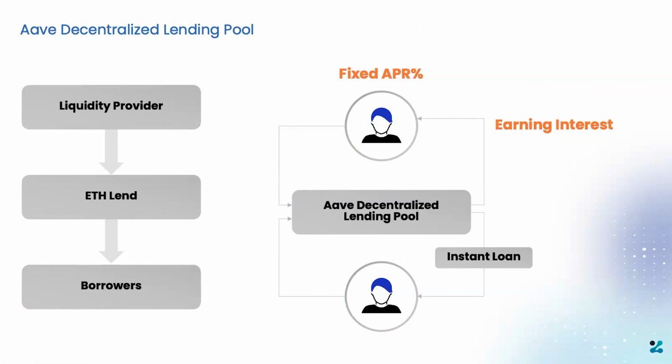Then it transformed into Aave, and Aave is AMM based, automated market maker based. So there's the Aave decentralized lending pool, and as a borrower, you can take a loan, putting in the collateral. As a lender, you can provide liquidity, and you get interest. And now there are various variations of these platforms.